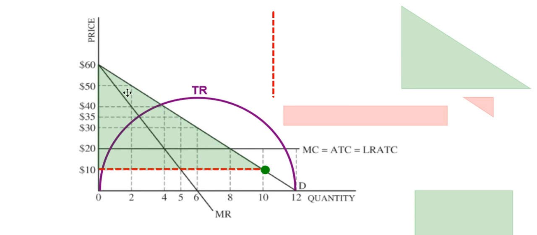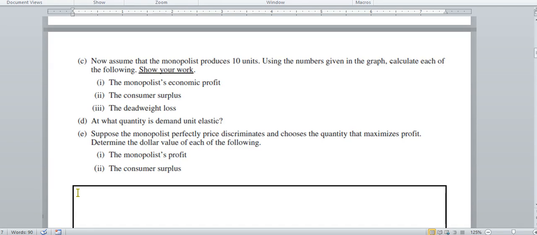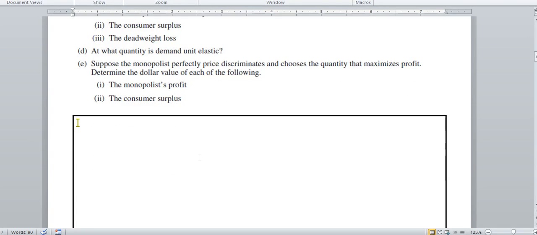And I'll let you guys do the math to figure out the area of that large green triangle. Okay, I'll let you do that. And I think that's it for part C.